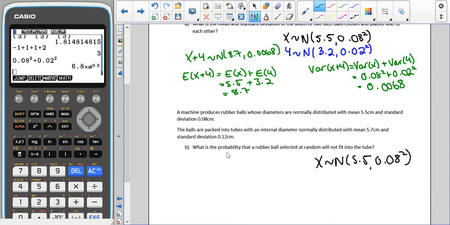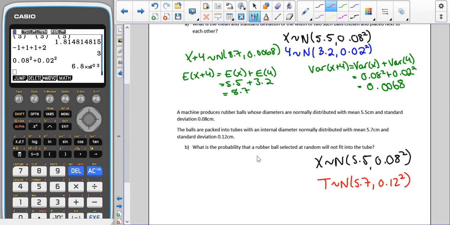The balls are packed into tubes with an internal diameter which is normally distributed with a mean of 5.7 and a standard deviation of 0.12. I'm going to call this T for tube; T follows a normal distribution with a mean of 5.7 and a standard deviation of 0.12.